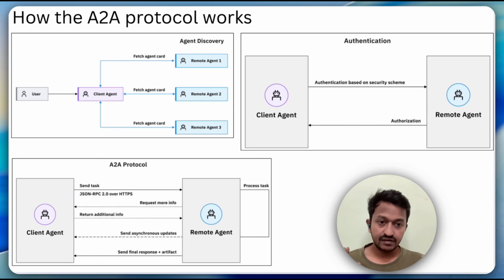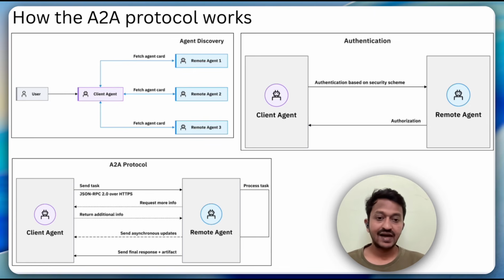And then the communication starts with the client agent sending a task to the chosen remote agent. This agent to agent communication happens over HTTPS for secure transport. So, in simple terms, when a user query comes in, it first understands whether there is an agent that can fulfill this particular task. That's where agent discovery happens. And once we get that agent, we need to talk to that remote agent.